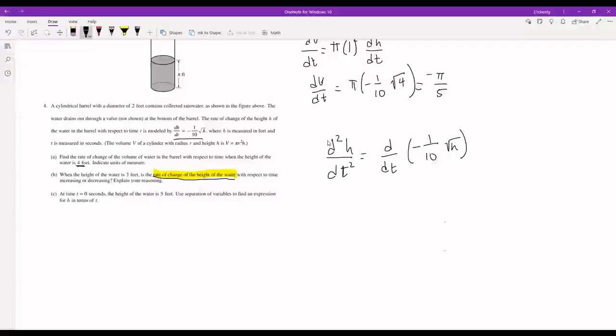And that equals, so power rule, this is just h to the 1/2. So bring down the 1/2, we get negative 1 over 20 times root h times dH over dt. So dH over dt is just defined previously here.